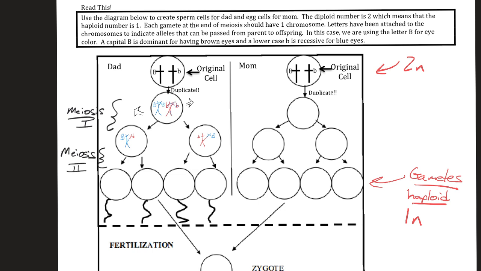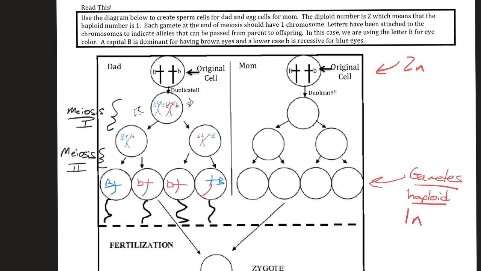So you end up with a chromosome with a big B, because now they're chromosomes, they're not sister chromatids anymore. A chromosome with a little b here, a chromosome with a little b here, and a chromosome with a big B here.